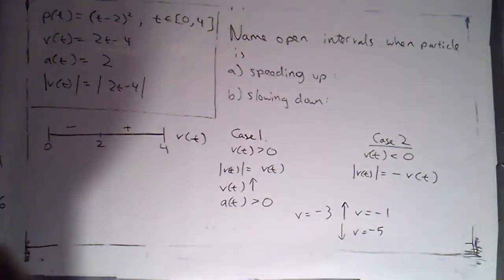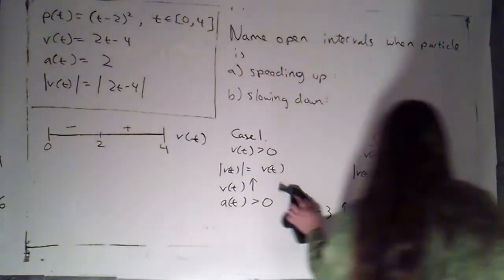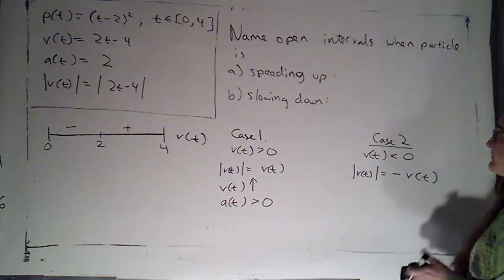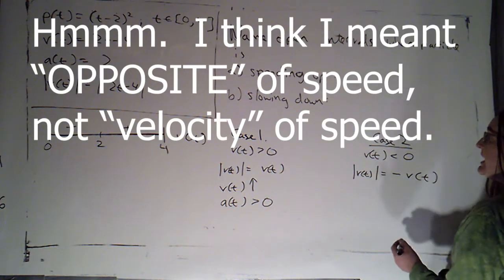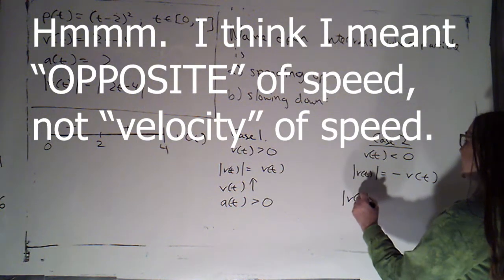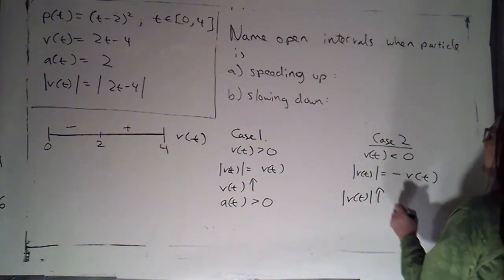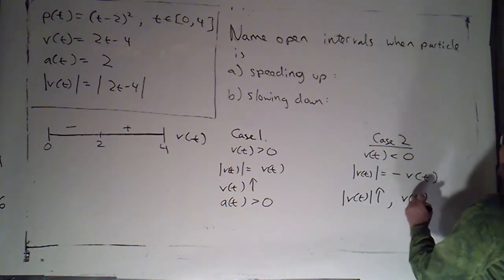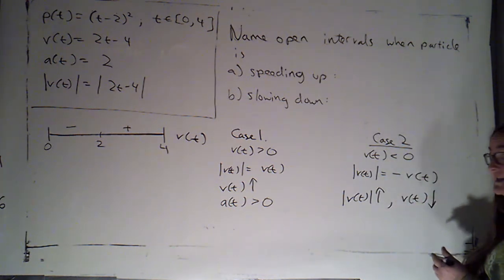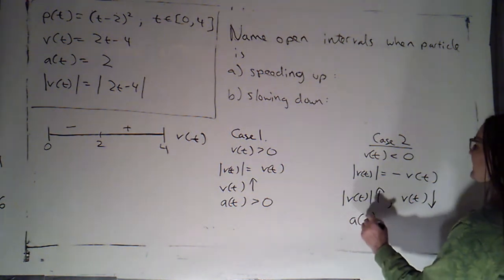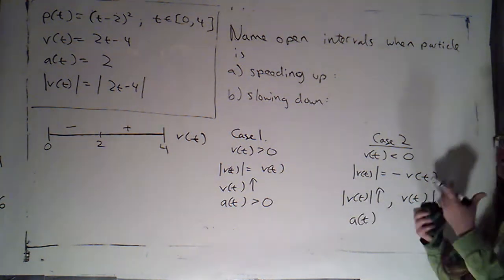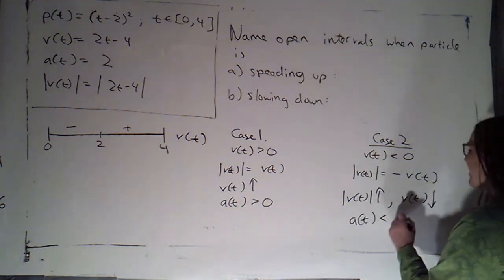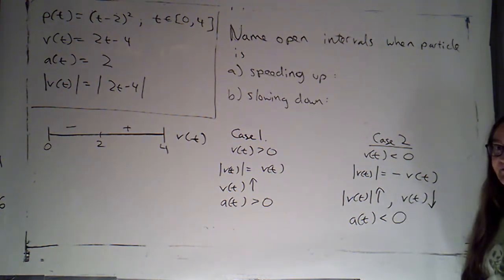Okay? So it is the case that if velocity is negative, so that it's the velocity of speed, if I want the speed to increase, that means I want the velocity to decrease, which means I want the acceleration, which is the derivative of velocity, to be negative.